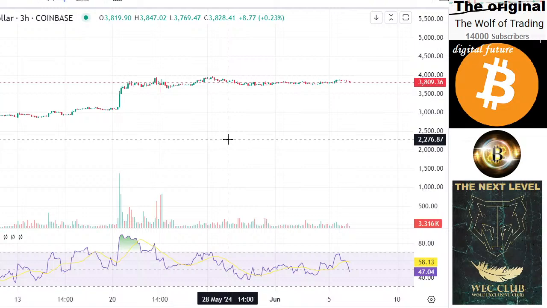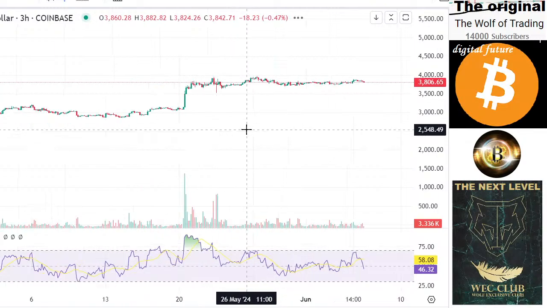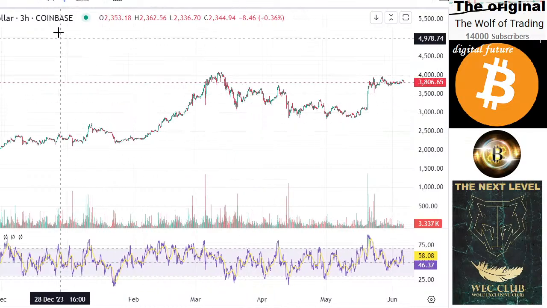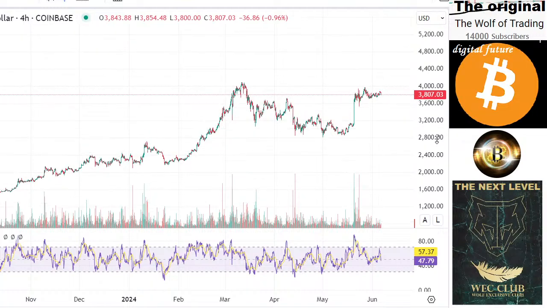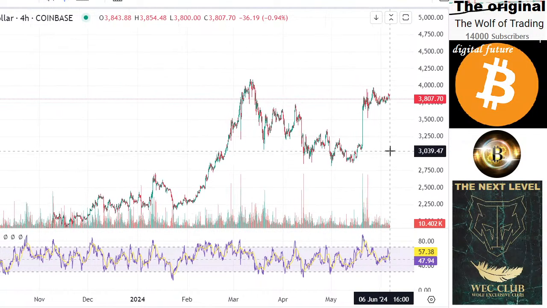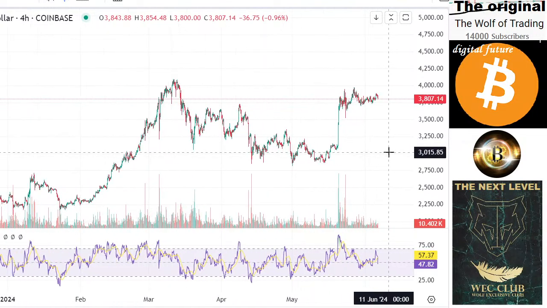So let's look. This is the Ethereum price. The Ethereum price is positive.